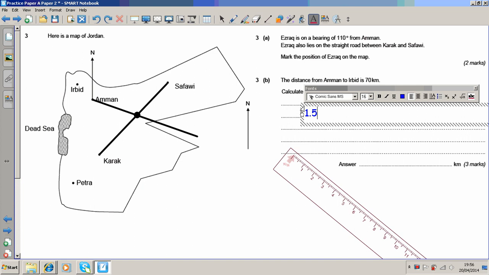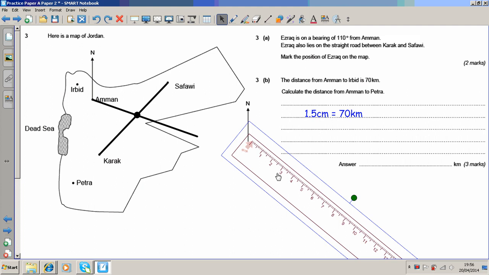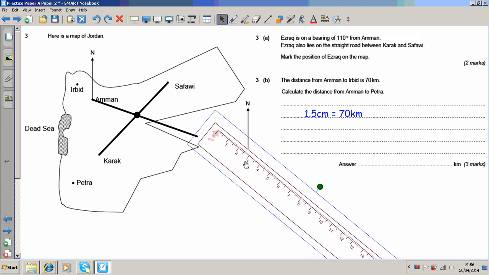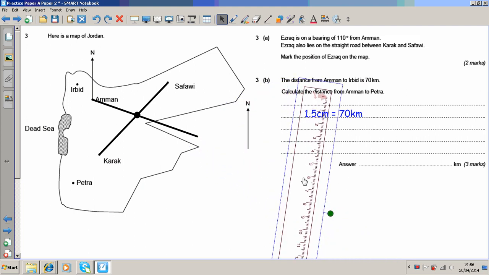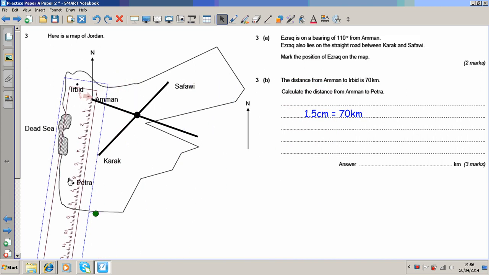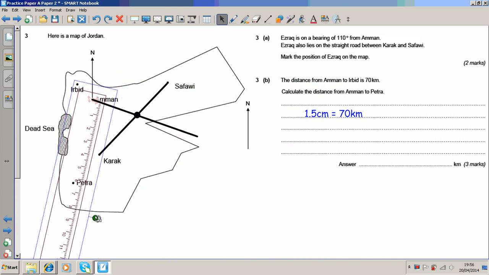So 1.5 centimetres is equal to the distance 70 kilometres. So I can work out my scale from that. And now my next job is to work out the distance with my ruler from Amman to Petra.